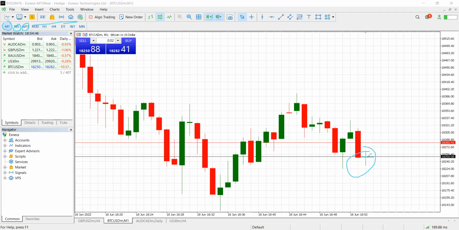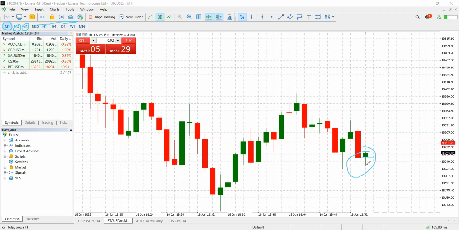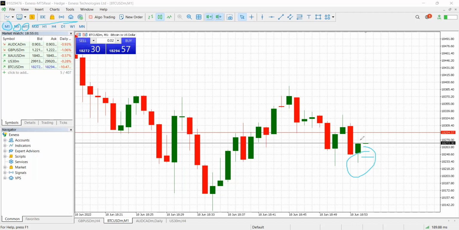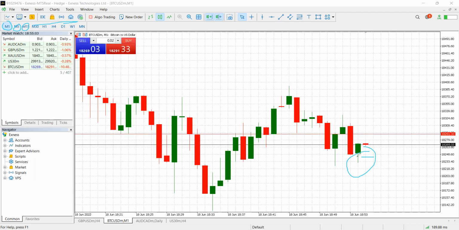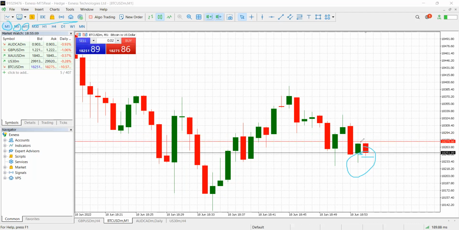So let's say it was a bearish candle and it's going down. Since it was consumed by the opposing party, which was the bulls, it moves up. You see this candle just closed bullish. It started over here and closed at the top.